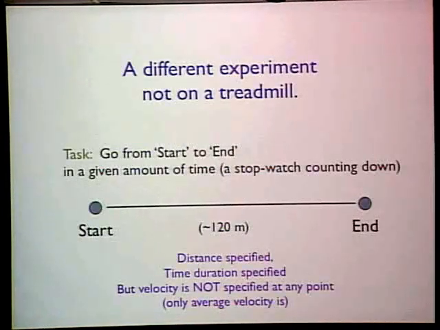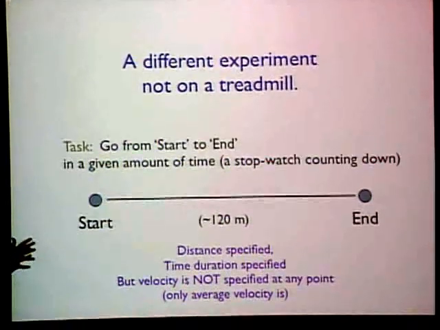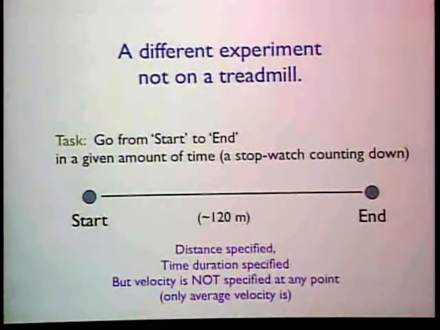A different experiment you might do is not on a treadmill. I don't know if I would call this the most natural experiment, but it is maybe a more natural experiment for normal people walking around, say on this campus, rather than the treadmill experiment, right?